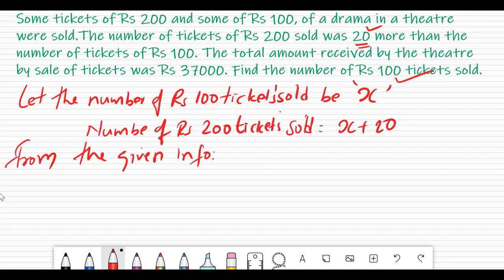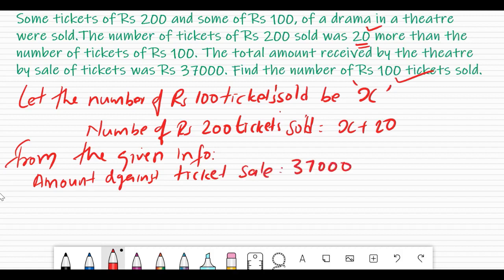Correct? So the amount against ticket sale is given as 37,000. How is this? This is the total amount received by selling 100 rupees tickets and 200 rupees tickets.